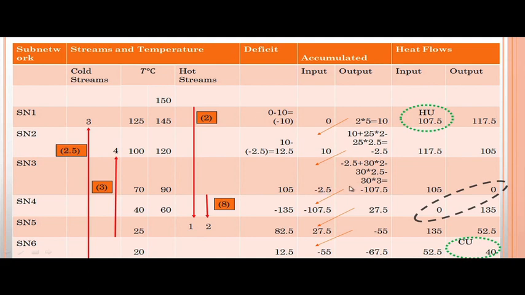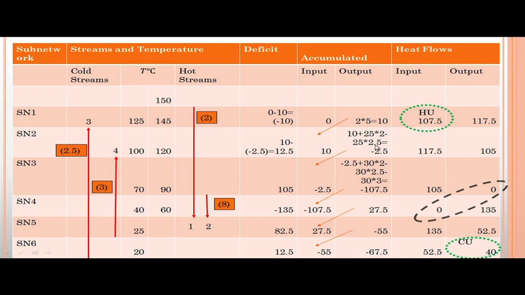Similarly, we calculated the deficit here. Now, we will have minus 2.5 as the input of the next subnetwork, and we can do the calculation the way it has been written here. So, we will get the deficit.